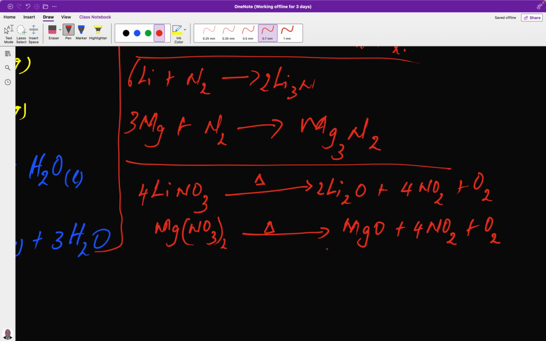Magnesium here is 2. I want to balance it.